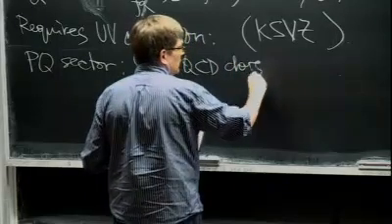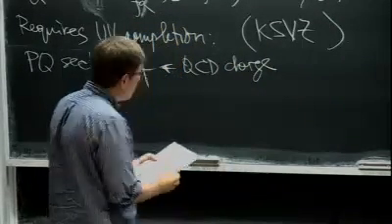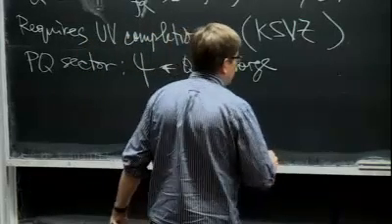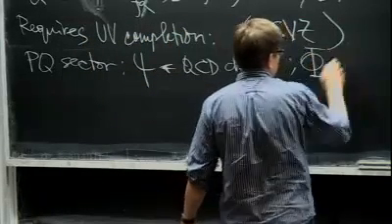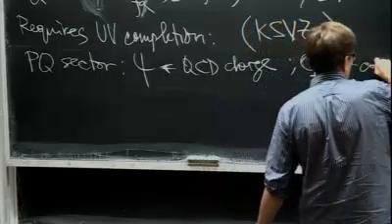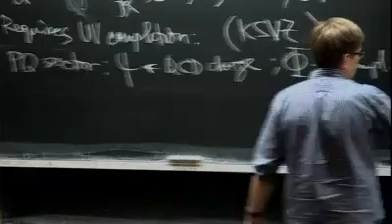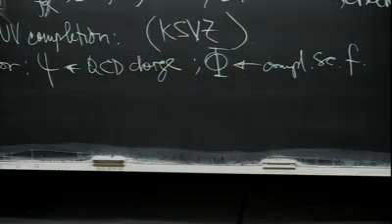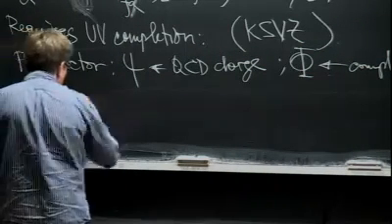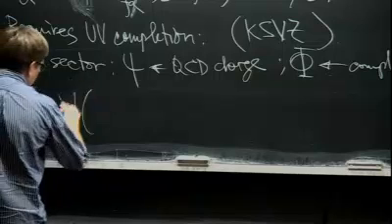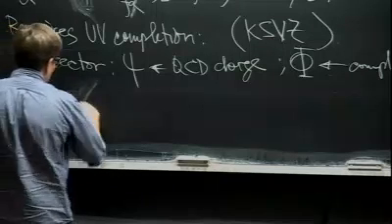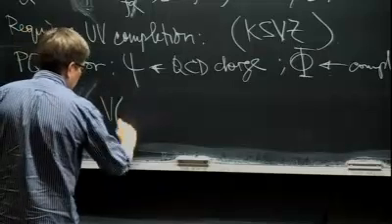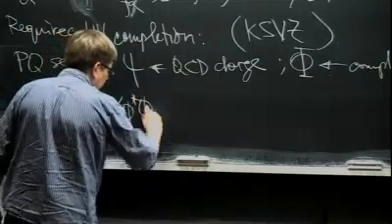Let's say it's in the fundamental of SU(3), and then a complex scalar field phi, and the Lagrangian that I'd like to take has the kinetic terms, obviously, and then minus V of phi star phi.